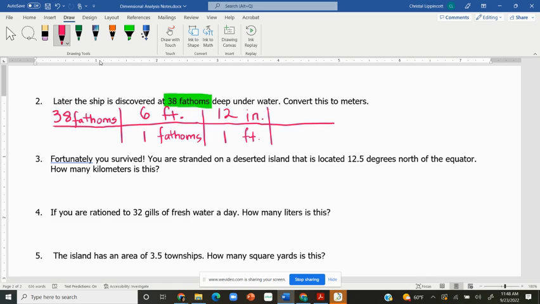All right. Then we're going to go inches into centimeters. And we grab that from the front page. And that's got us into the metric system. But we need to be in meters. Yikes.